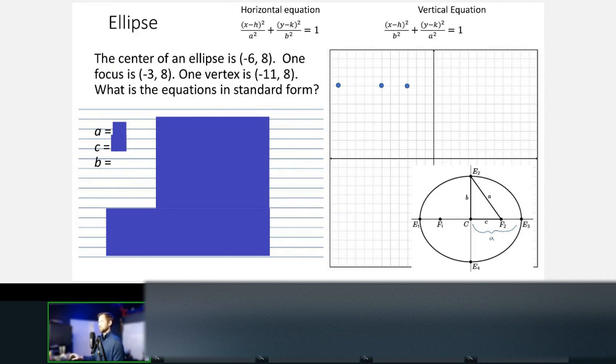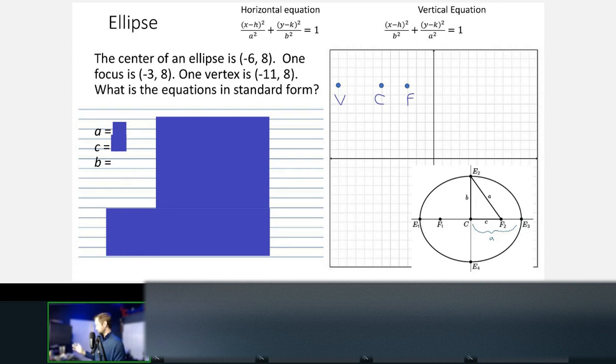So -6, 8. So make sure I get that right. 1, 2, 3, 4, 5, 6. So that means that this is the center of the ellipse. And then it says one focus is -3, 8. So that is this point. There's your focus. And then one vertex. Okay, so there's your vertex.